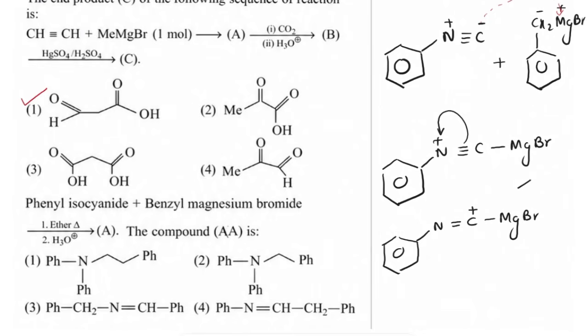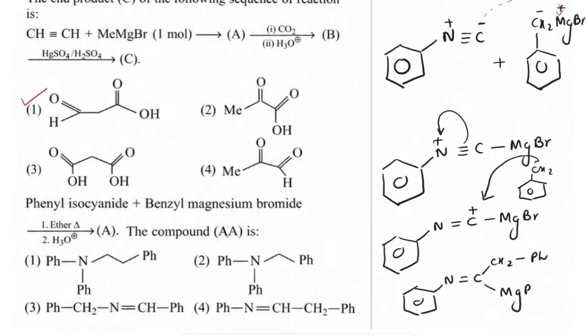And this plus will be attacked by what? Benzyl anion. So whatever benzyl anion is there, it's going to attack here like this. And then what are we going to get? You can write like this. So CH2, you can write this simply as phenyl. Okay, here MgBr like this.